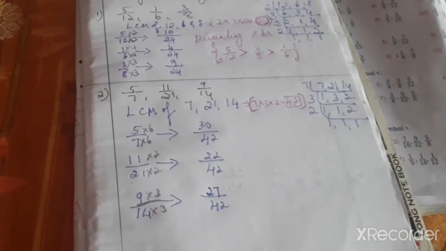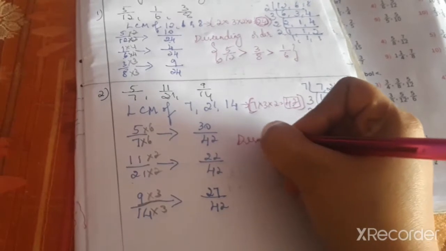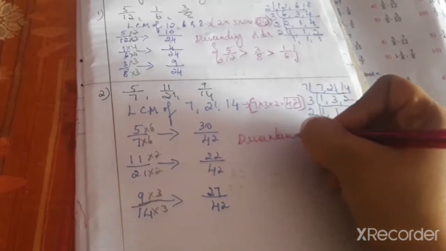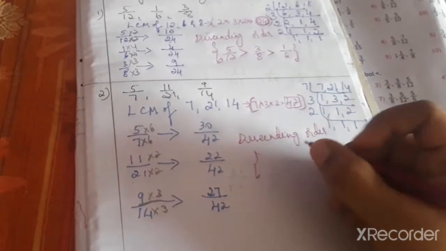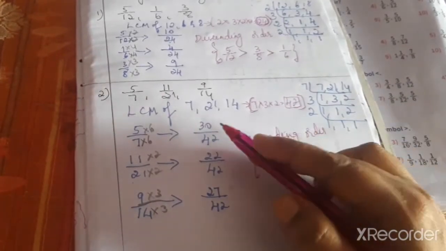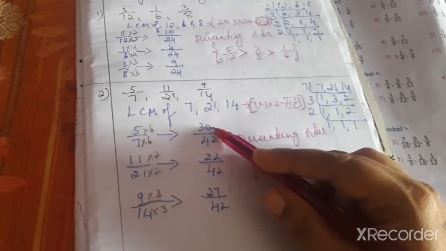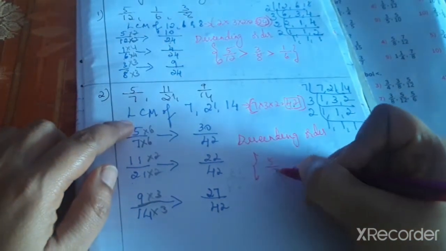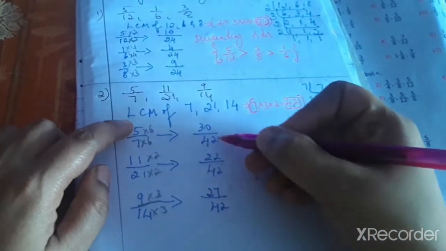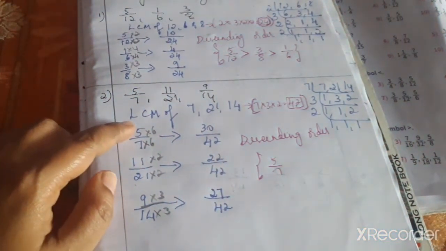Now we have to write the descending order. Descending means greater to smaller. The greatest one is 30, which means 5 by 7. All are like fractions, with 42, 42, 42. When the denominator is the same, it becomes a like fraction.